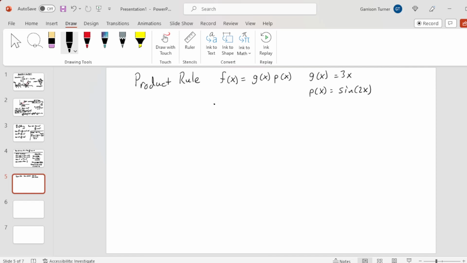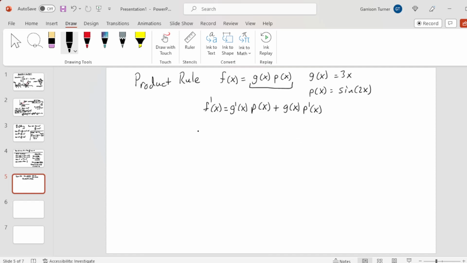Okay, so in this example, f of x is going to be equal to, well, let me state what the rule says, and then we'll do the example. So the rule says that if you have two functions multiplied together, then the derivative of those two functions is equal to the derivative of the first times the second plus the first times the derivative of the second.